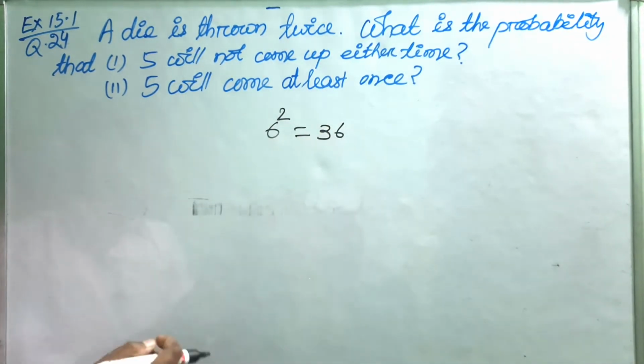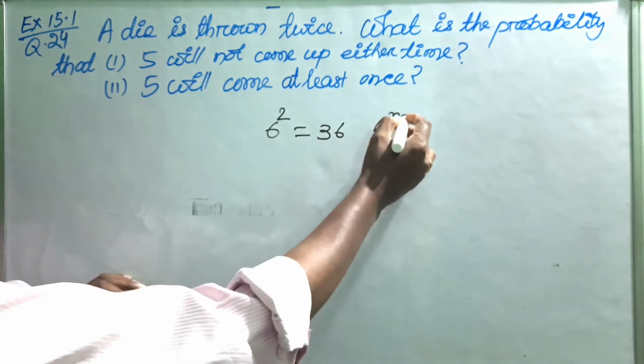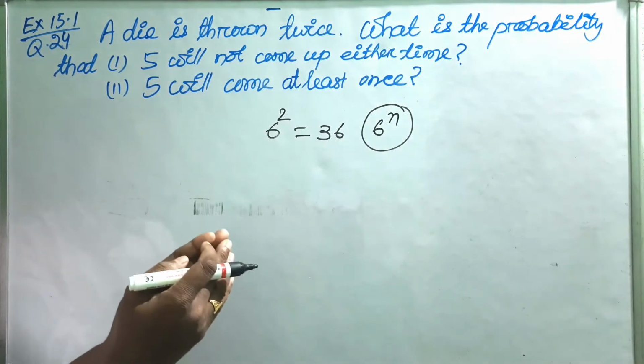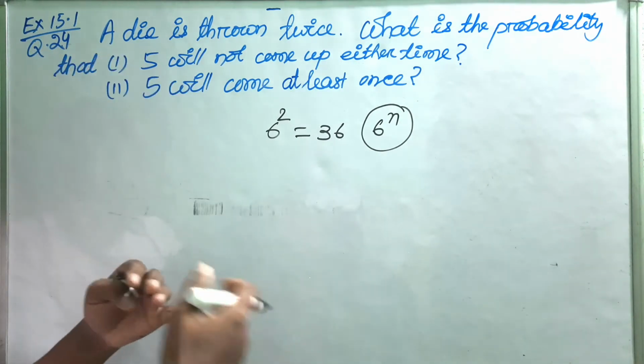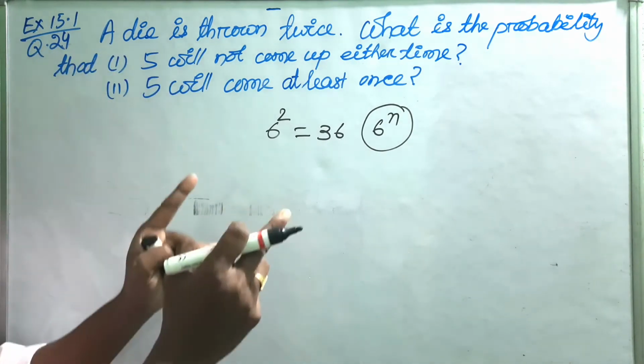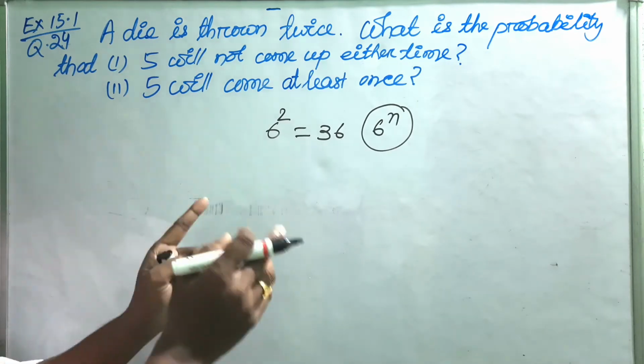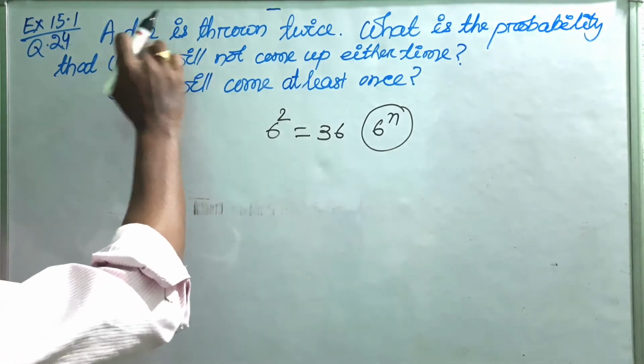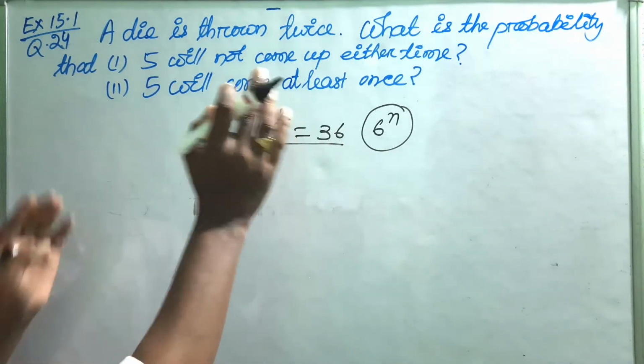What is the formula? The formula is 6 to the power n, where n stands for the number of dice thrown simultaneously, or a single die thrown n times. So here a die is thrown twice, so the total number of outcomes is 36.